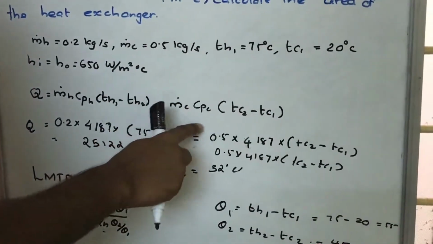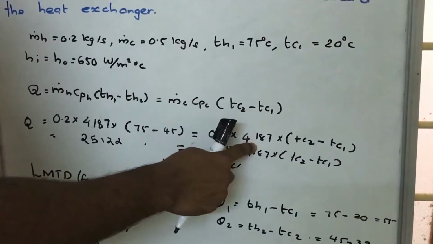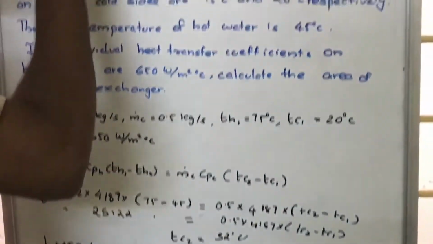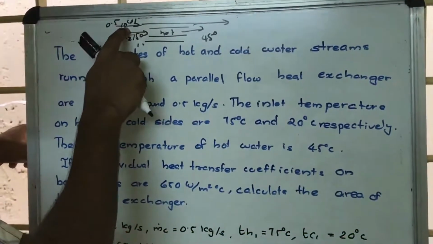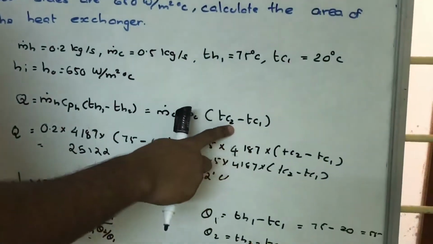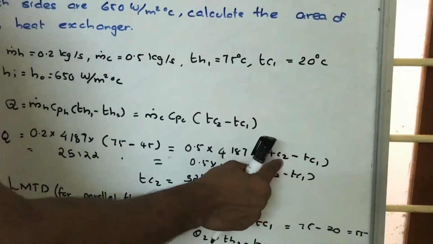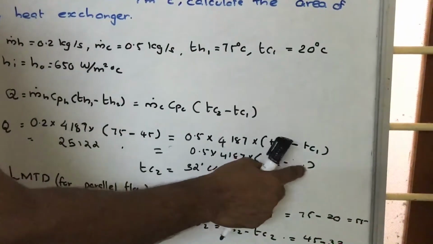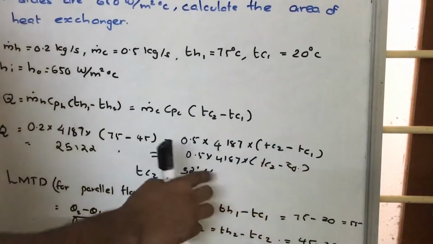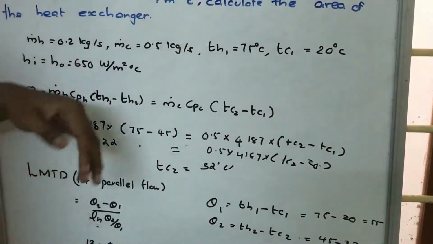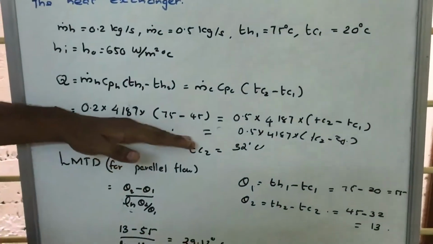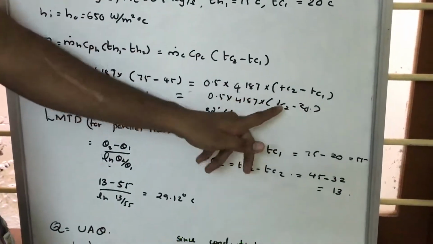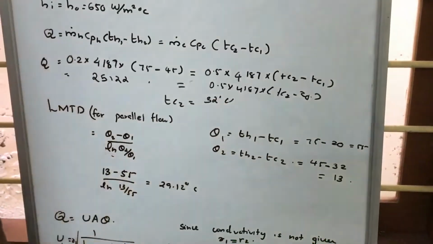So we have m as 0.5, c as 4187, times Tc2 minus Tc1. Tc1 is the entering temperature of cold water, 20 degrees, but we do not know Tc2. So we write Tc2 as itself. Equating the heat liberated by hot water to the heat absorbed by cold water, we are able to find Tc2.